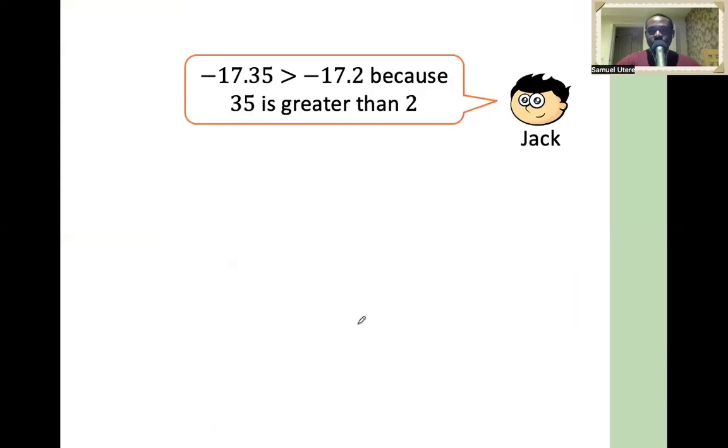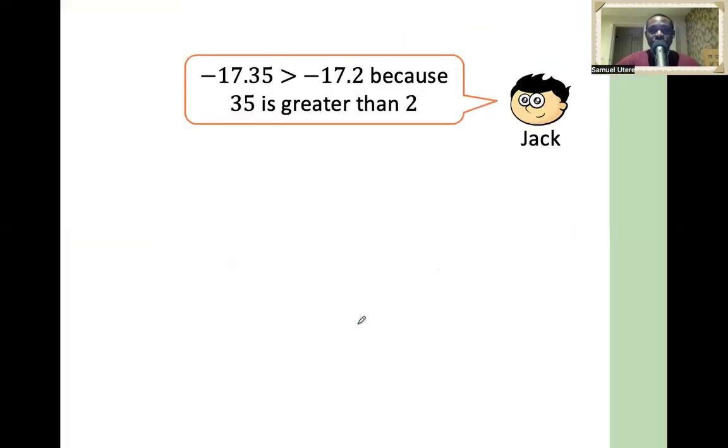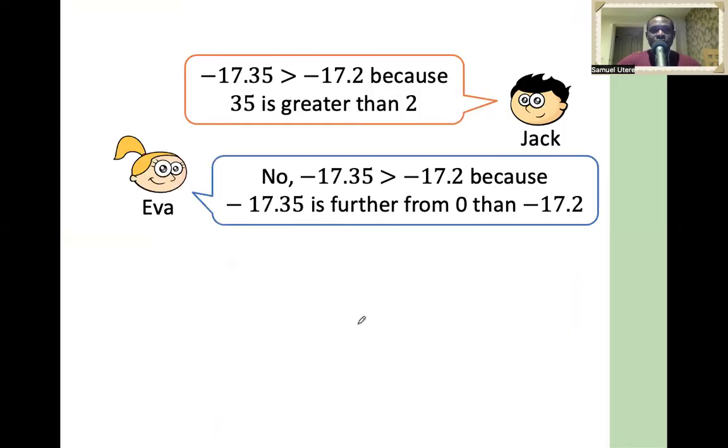Pause the video. That's the first part of our lesson that we have done. Let's now look at the next part by looking at this example. Jack says that negative 17.35 is greater than negative 17.2 because 35 is greater than 2.